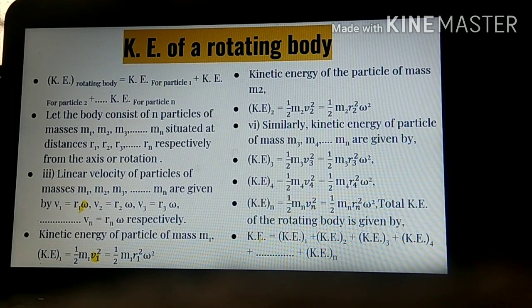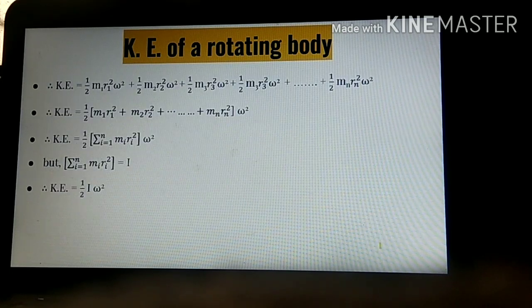So for the total kinetic energy of the body, we just have to substitute all these values in this formula. After substituting, we'll be getting half m1 r1 square omega square plus half m2 r2 square omega square plus half m3 r3 square omega square plus ... plus half mn rn square omega square.